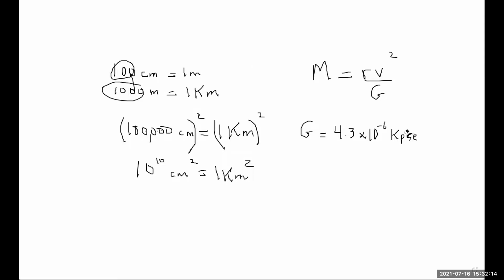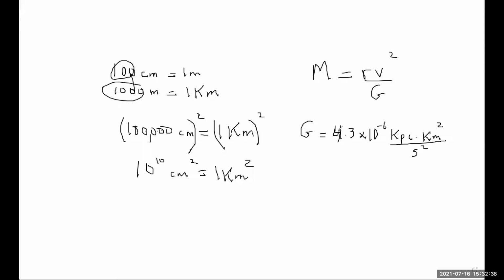Yeah, PC. Kiloparsec times kilometer squared per, I think it was centimeter squared. Yeah, exactly, centimeter squared. So how does that work?